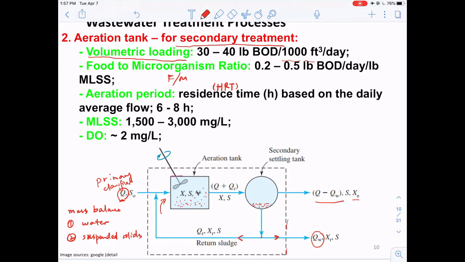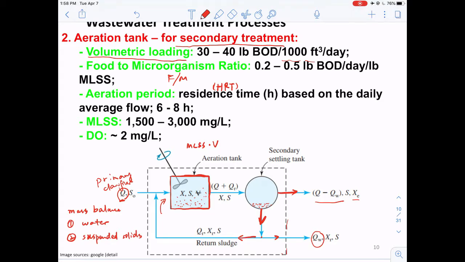So what happens here is that if we consider what is the suspended solids within this aeration tank, so if we know that this MLSS, which is the concentration of the suspended solid in the mixed liquor, right? So if we multiply this concentration by its volume, then we can calculate what is the total mass of these suspended solids in here. So if you trace what is the ultimate directions of these suspended solids, you can see that a proportion of them are going to be emitted through the effluent, a proportion of them are going to settle down in the tank, right?